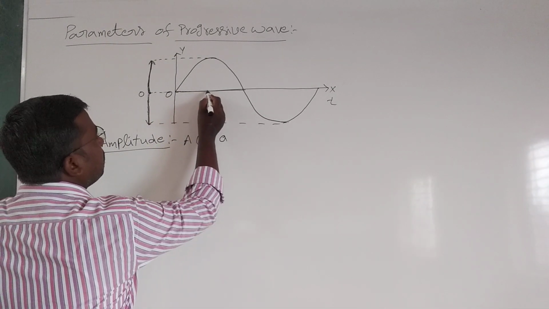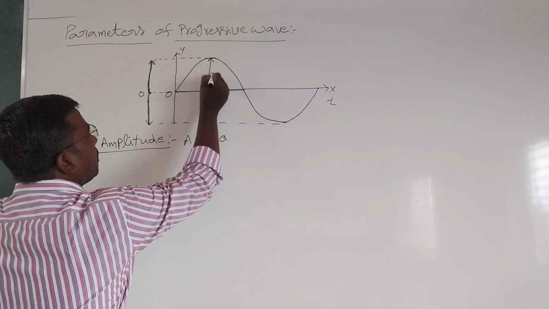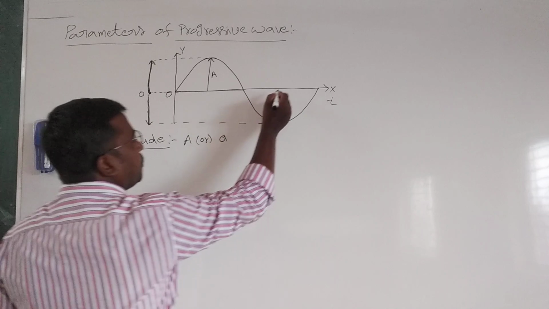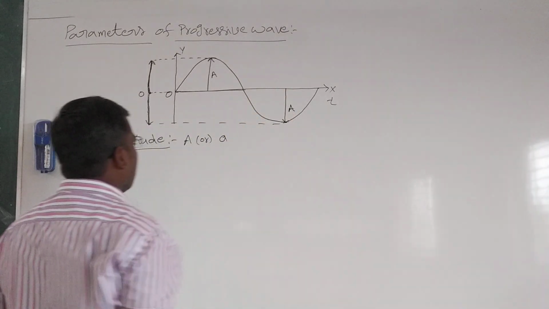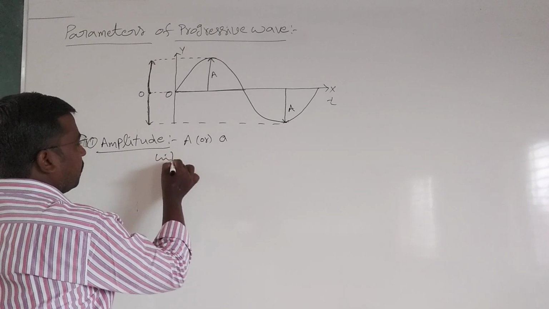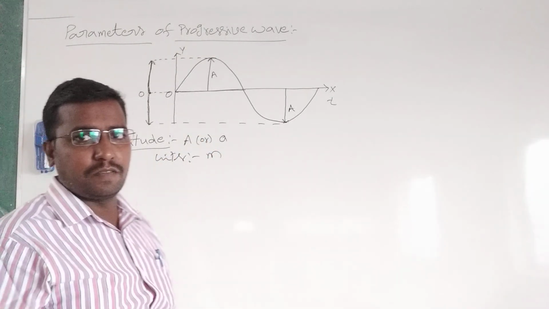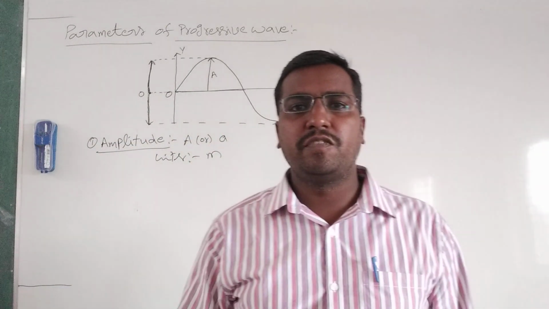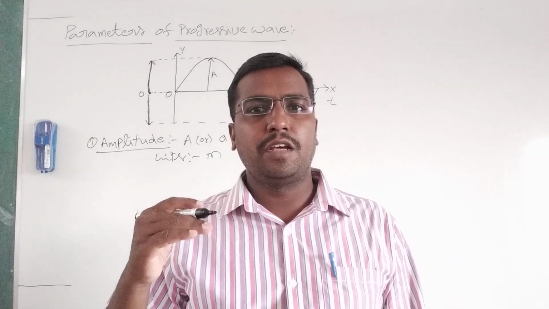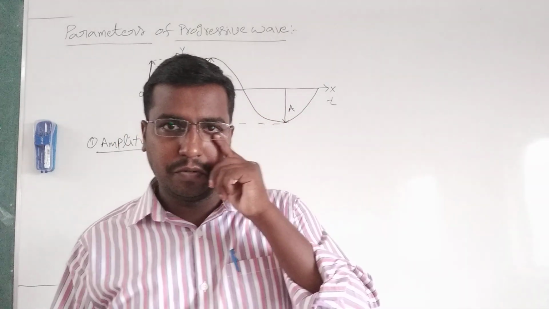This is also called amplitude. The unit of amplitude in the SI system is meter. So the maximum displacement of a vibrating particle from its mean position is called its amplitude.